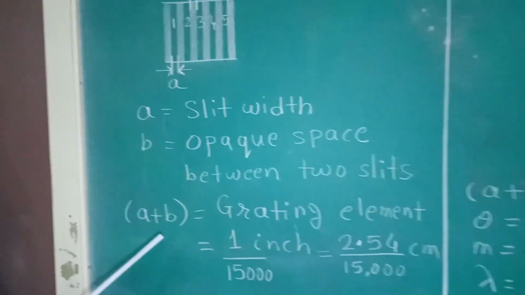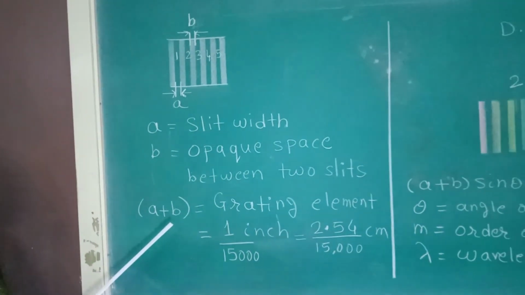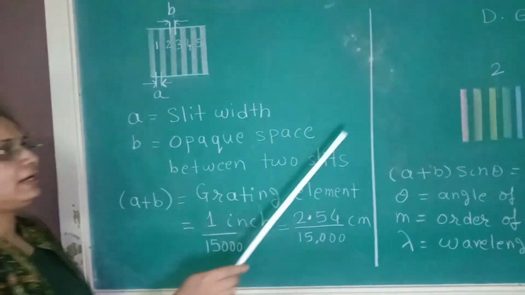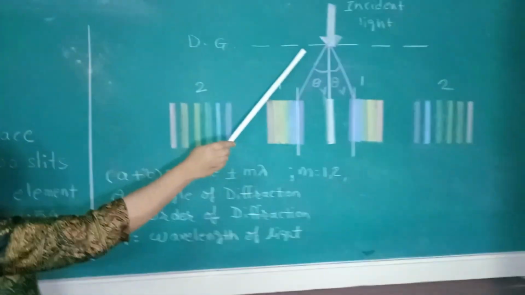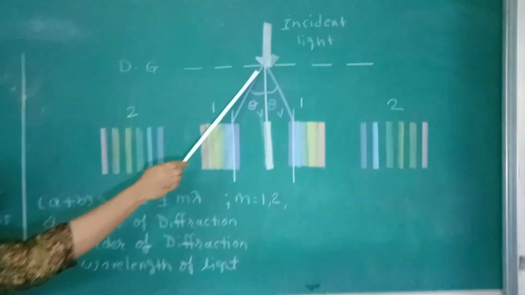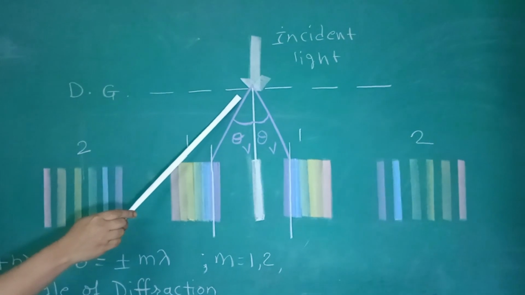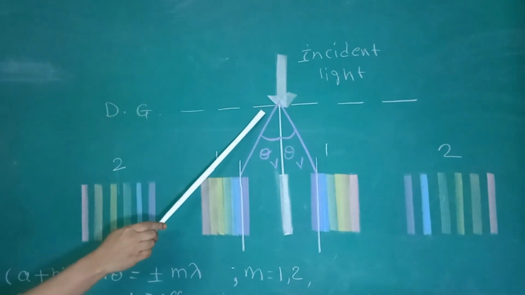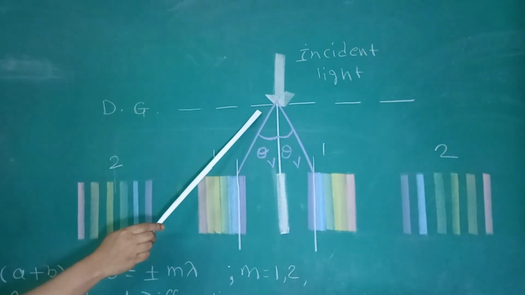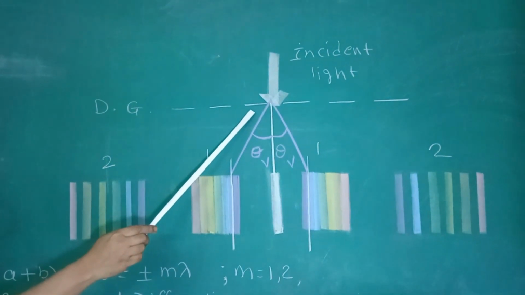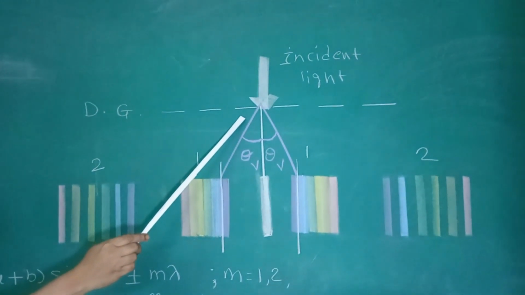And in the experiment, we are going to incident white light on this diffraction grating. All of you are aware of diffraction of light. Diffraction of light is nothing but bending of the light waves around the corners of an obstacle.